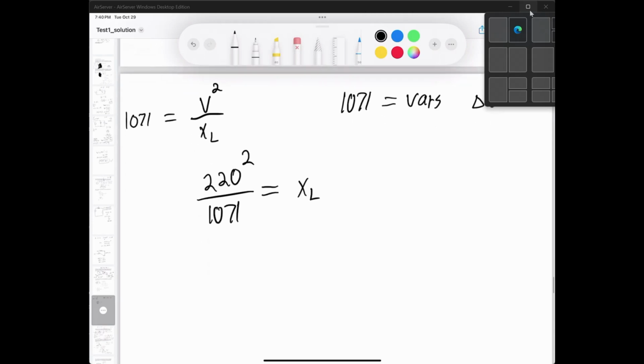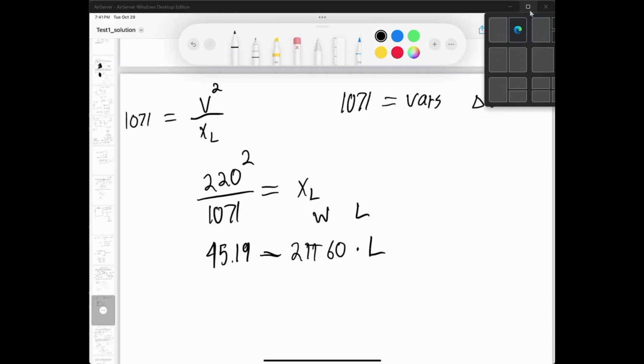All right, and we're going to get a value of XL, and we know that XL, the impedance of an inductor, is going to look like 2 pi times the frequency, 60, times the inductance, which correlates to omega L. Omega is 2 pi times the frequency, and then L is just the inductance.